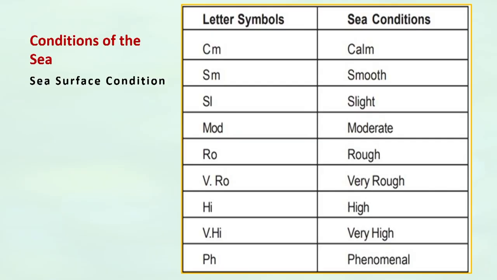So, on the surface, what is the condition? Whether calm, smooth or slight, moderate, rough, very rough, high, very high, phenomenal, meaning whether the sea has high tide, low tide or any strong wave or calm. So, it is about the movement of the sea, not the temperature of the sea.